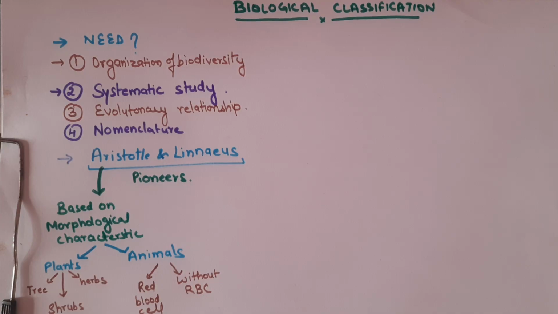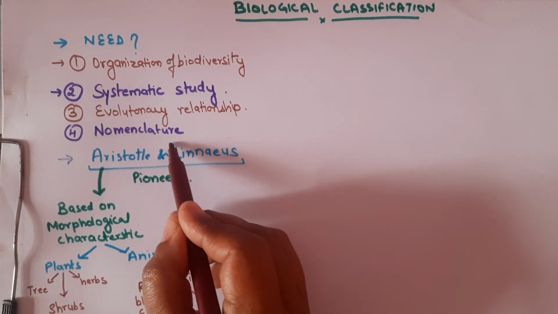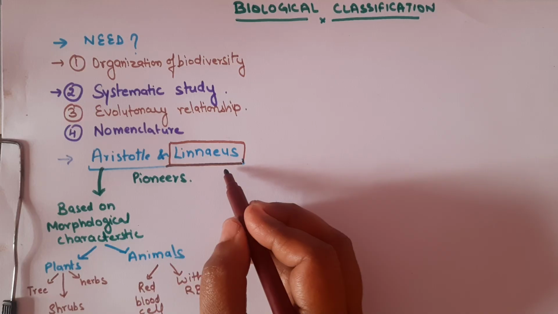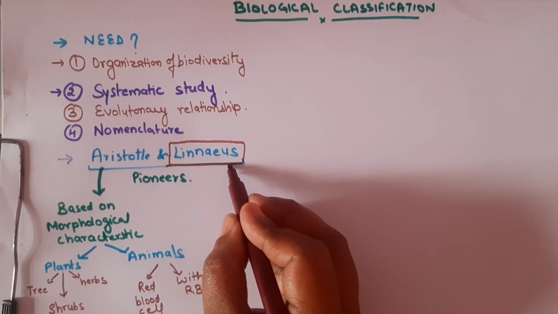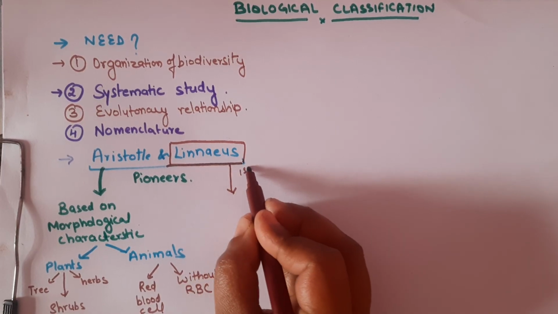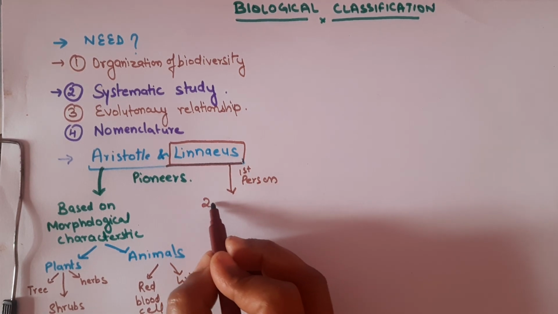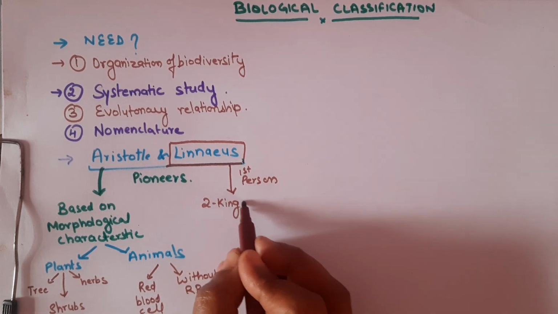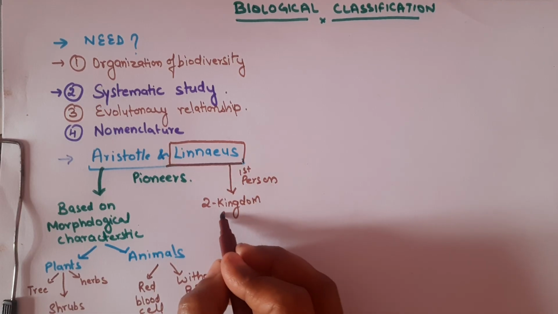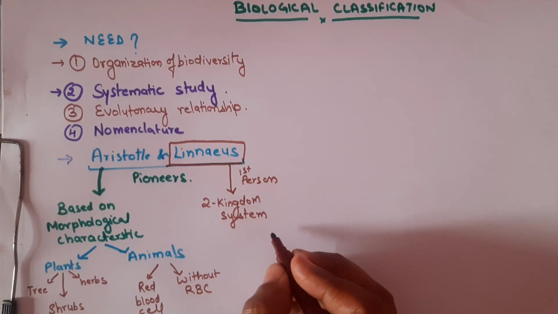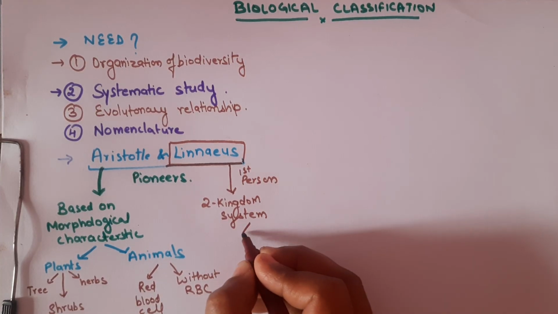Now let's talk about Carolus Linnaeus. He is the first person who developed the two kingdom system.